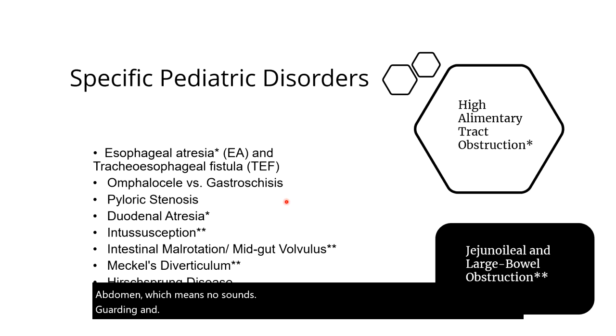We can have esophageal atresia, tracheoesophageal fistula, also those that have to do with the anterior abdominal wall, omphalocele and gastroschisis, pyloric stenosis, duodenal atresia, intussusception, midgut malrotation, midgut volvulus, Meckel diverticulum, Hirschsprung disease that has to do with the loss of ganglion cells, especially in the colon.